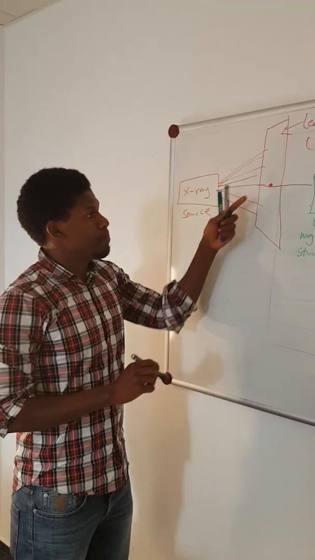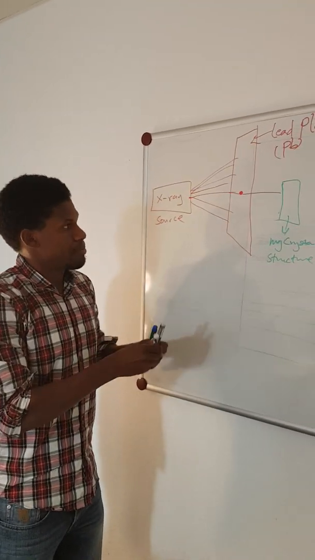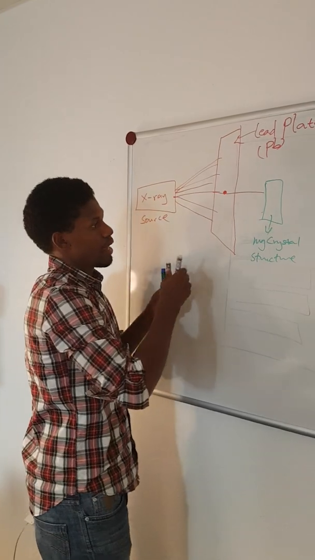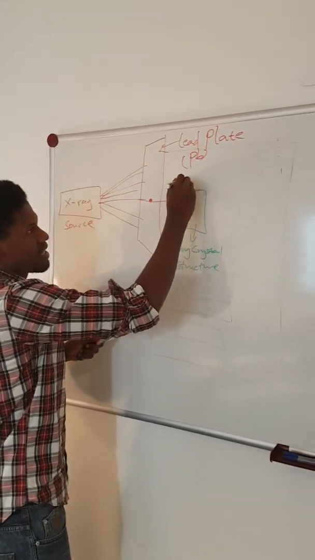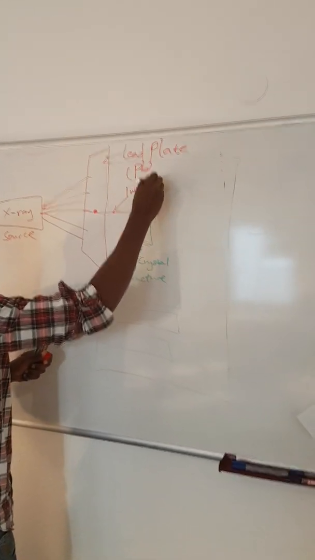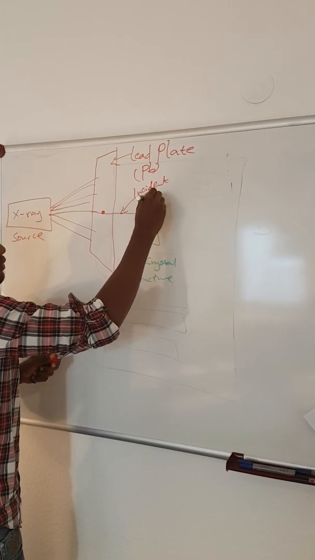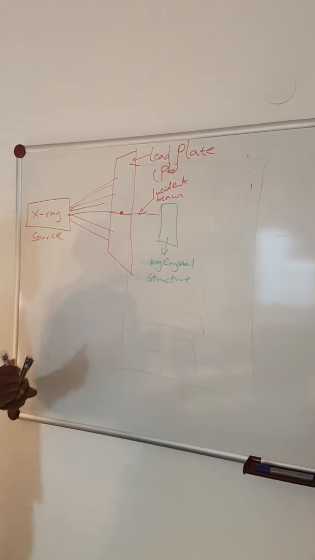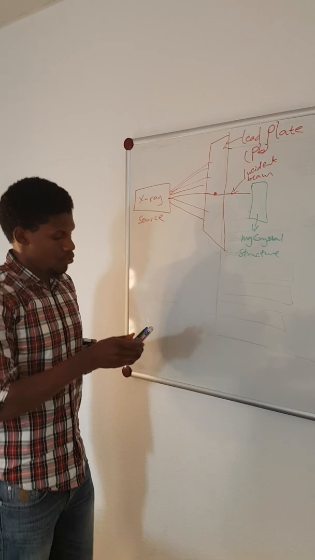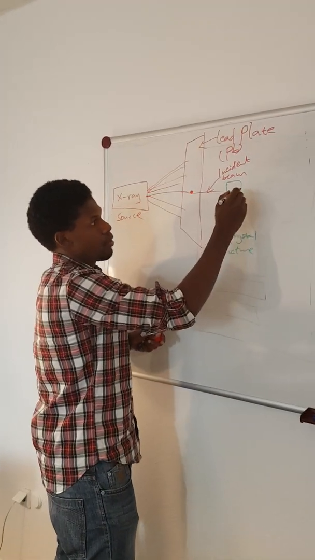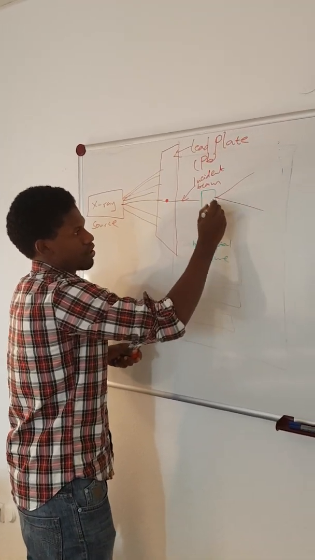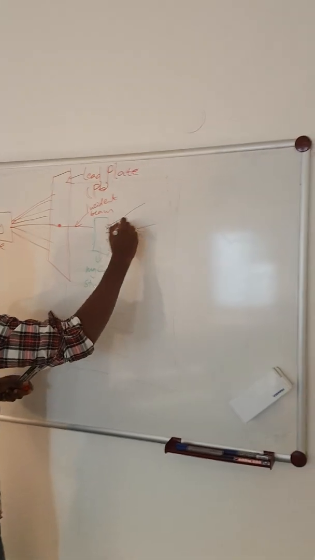This is the incident beam, going through the lead. If this incident beam goes through this material, what will happen? You will realize that this beam will be scattered all over.